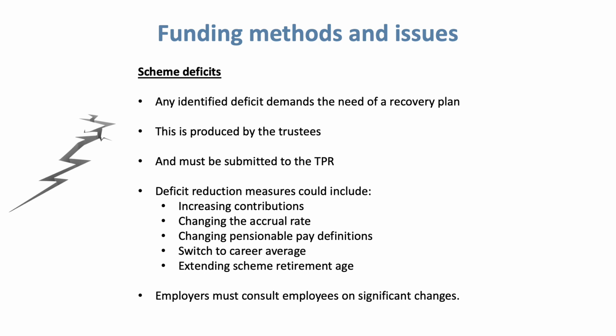So a recovery plan may include a recommendation to increase member contributions, change the accrual rate, probably from a 60th to an 80th scheme, changing the pensionable pay definitions, maybe from a final salary defined benefit to a career average scheme, so switching to career average, or maybe extending the scheme retirement age so members need to pay in for longer and draw out for shorter periods of time.